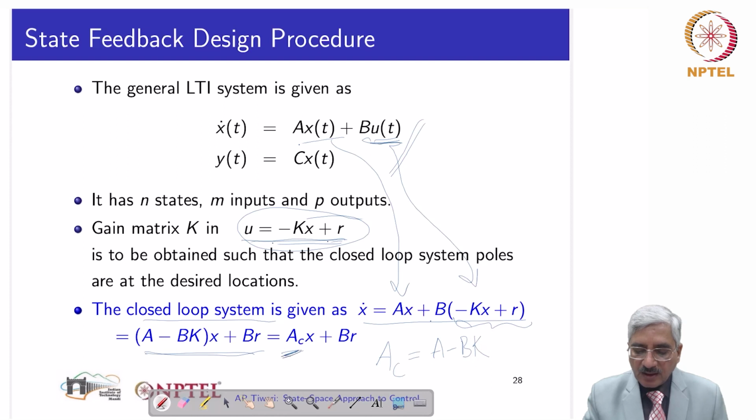So this AC will be called the closed loop system matrix. A minus BK is the closed loop system matrix, and the open loop system matrix was A.